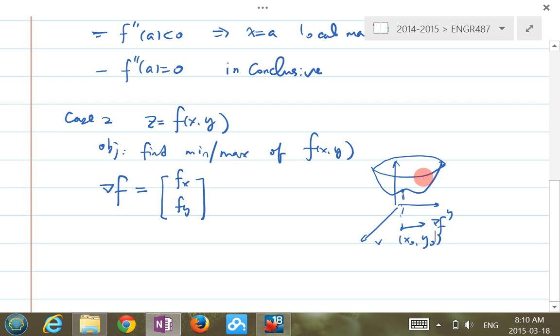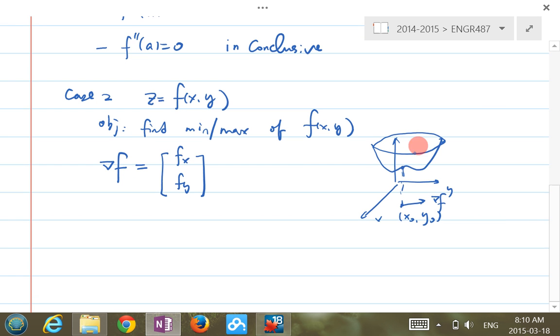So if this point is at a local min or local max location, then there is no direction for you to go anymore, so the gradient is 0. So this is the first derivative test.